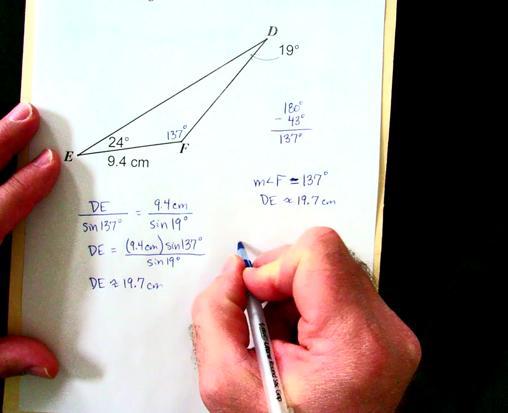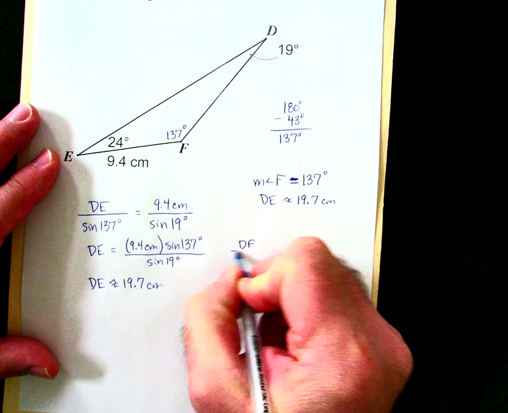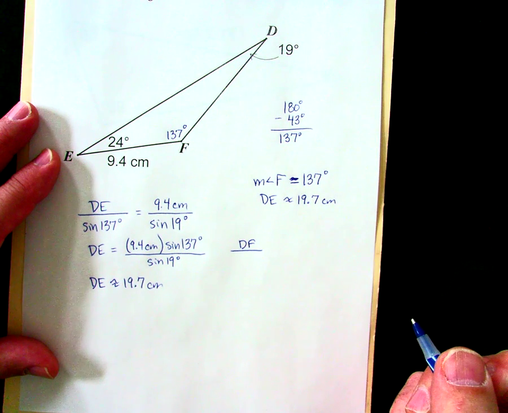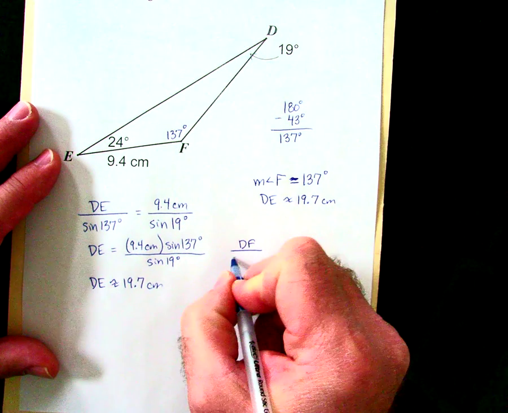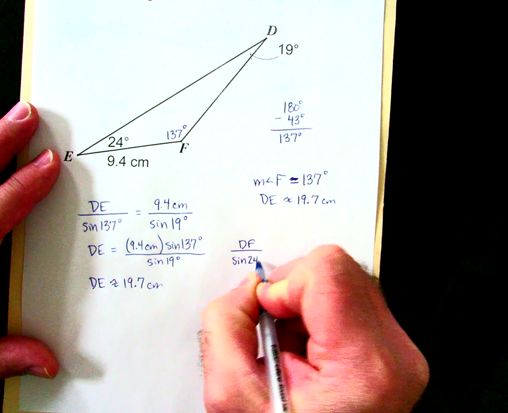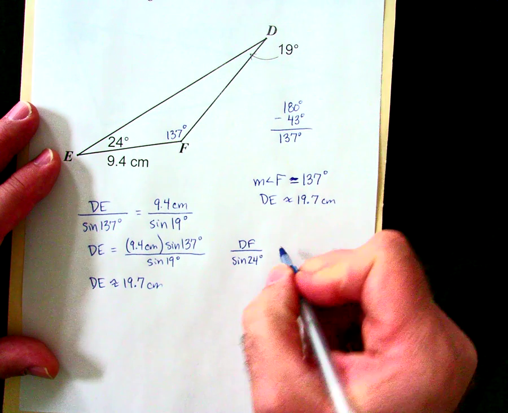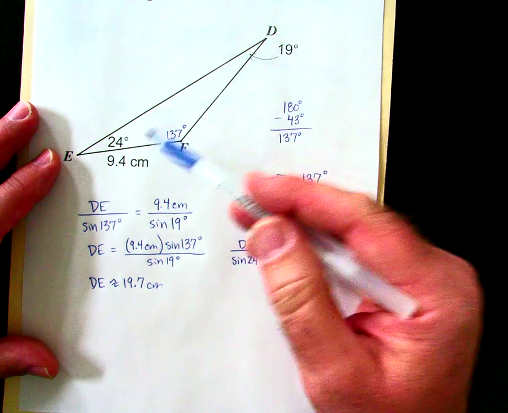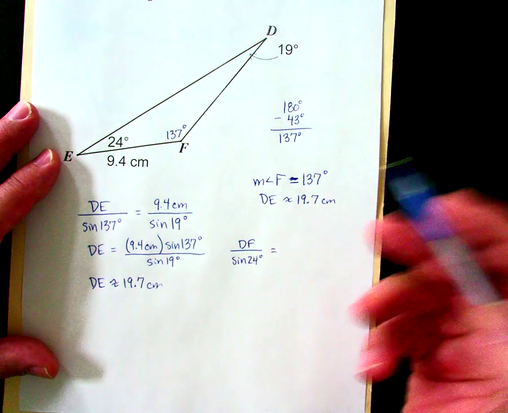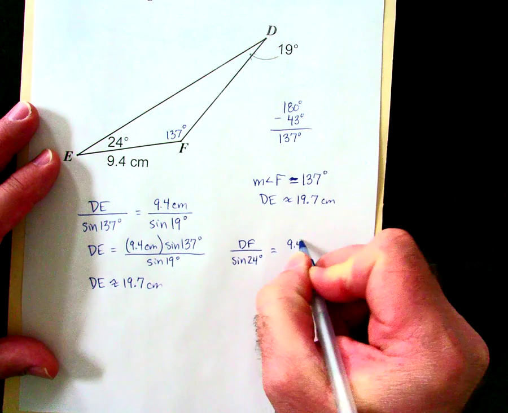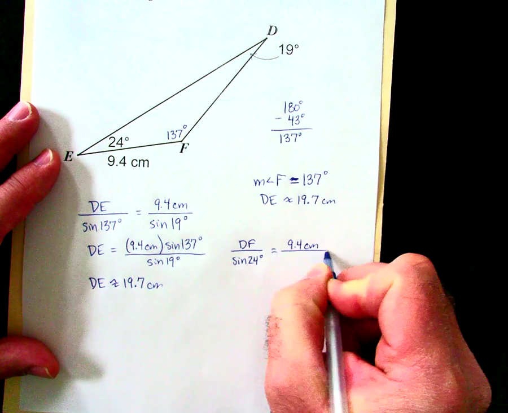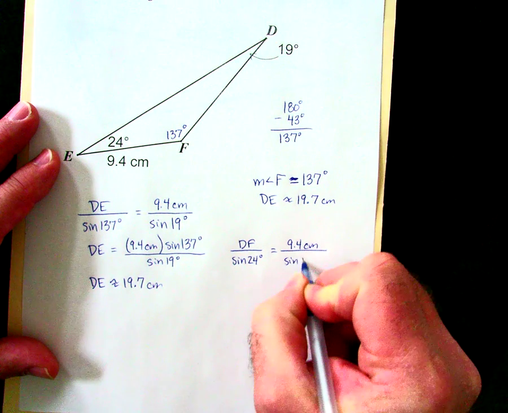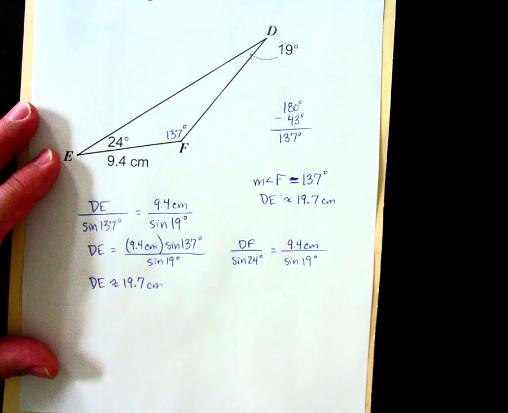So the distance from D to F divided by the sine of its opposite angle, which in this case is 24 degrees, would equal the ratio of the two opposite figures that we were given, the 9.4 centimeters divided by the sine of 19 degrees.